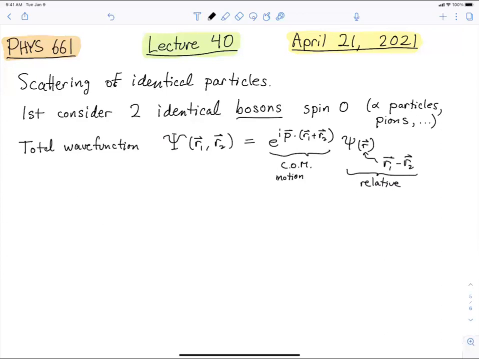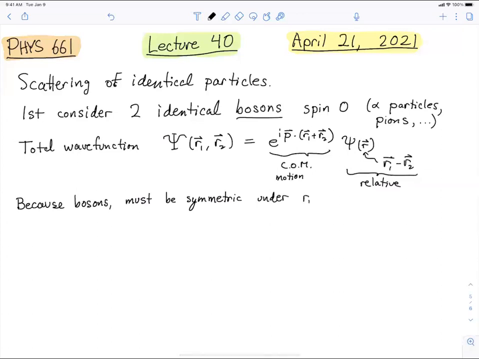And one thing we know is that because these are bosons by assumption, and they're identical, and there's no spin to worry about, this must be symmetric if we interchange the two coordinates.